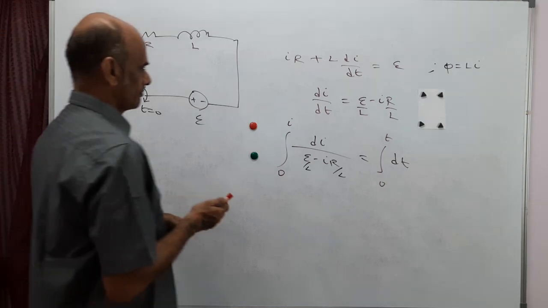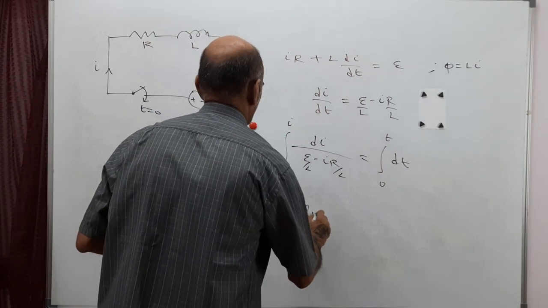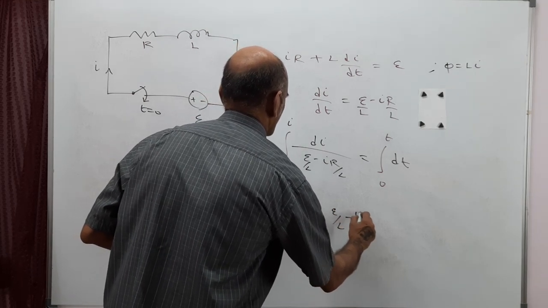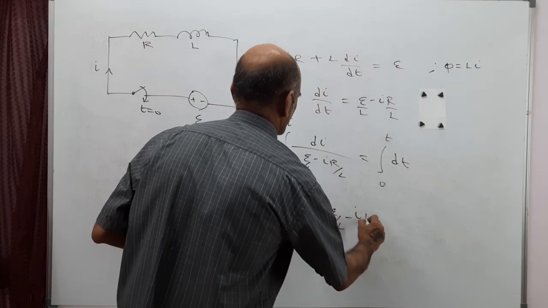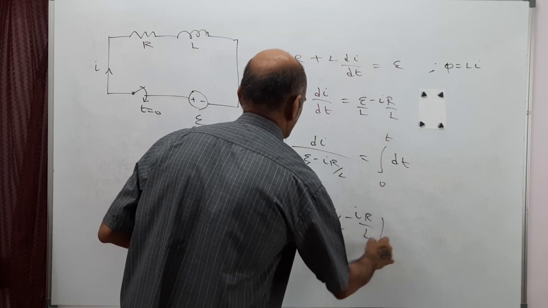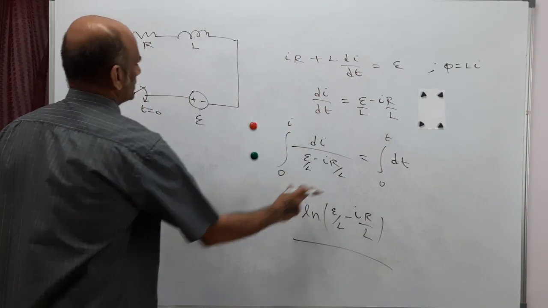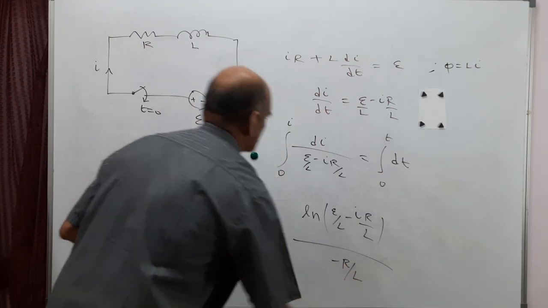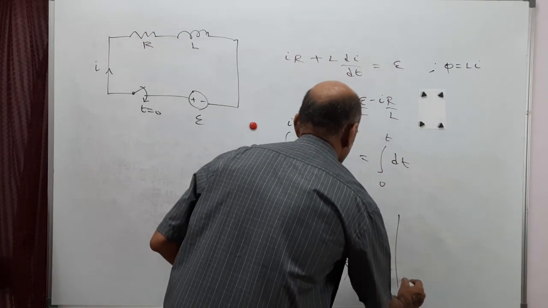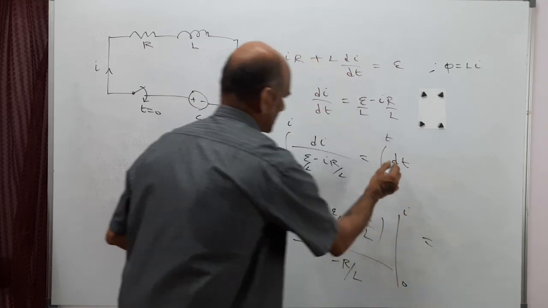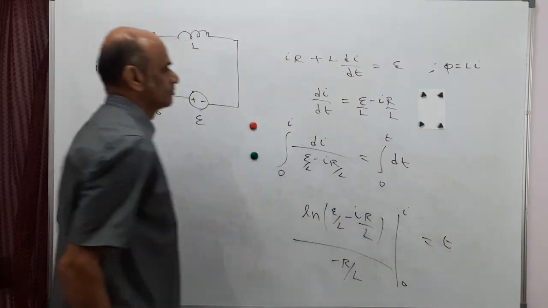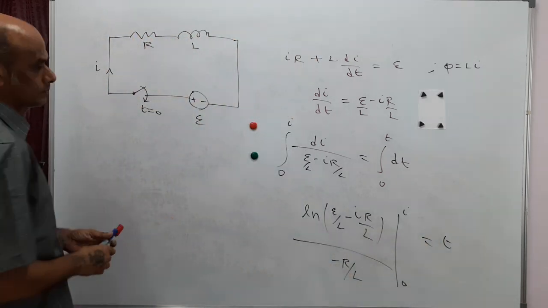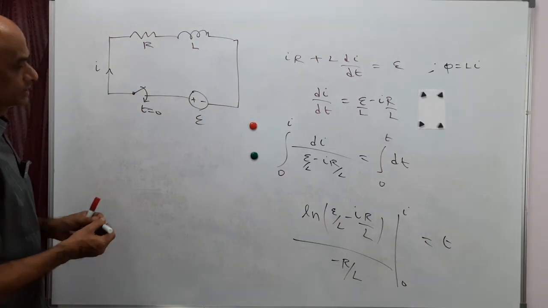So this is ln of E minus IR, divided by derivative of this with respect to the current, minus R by L, and you have to put the limits 0 to I, and the right hand side integration is just t. Between the limit 0 and t, so it will become t. So take this thing to the other side and putting the limits.